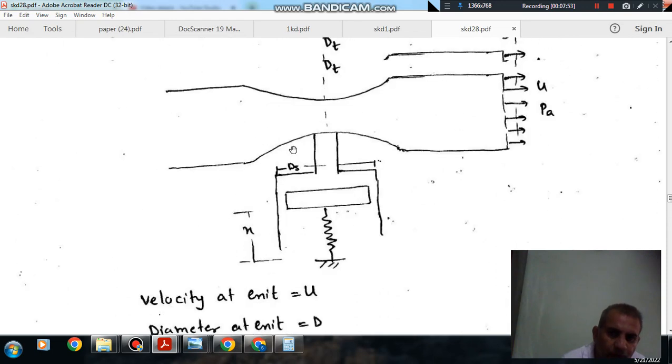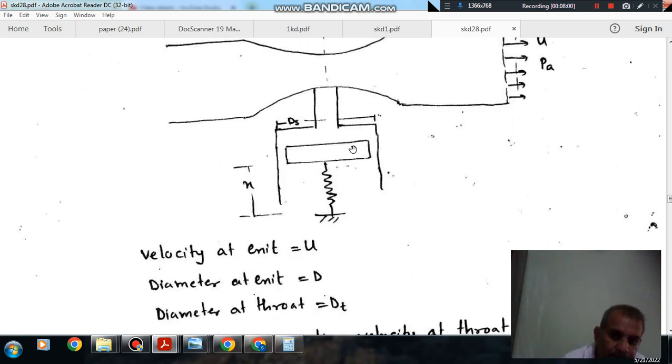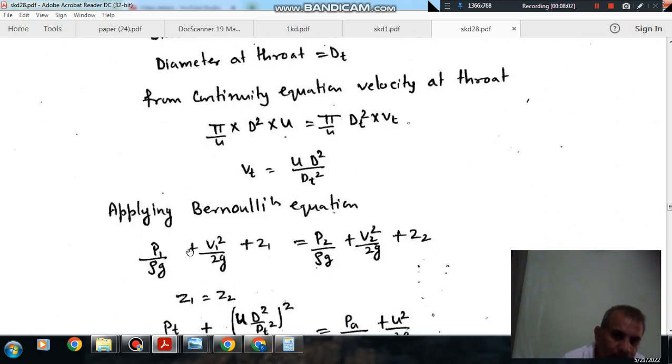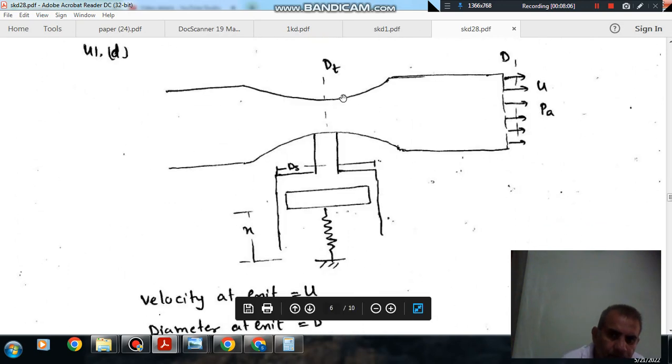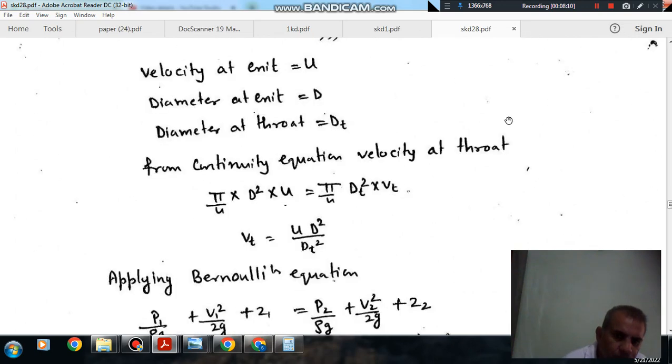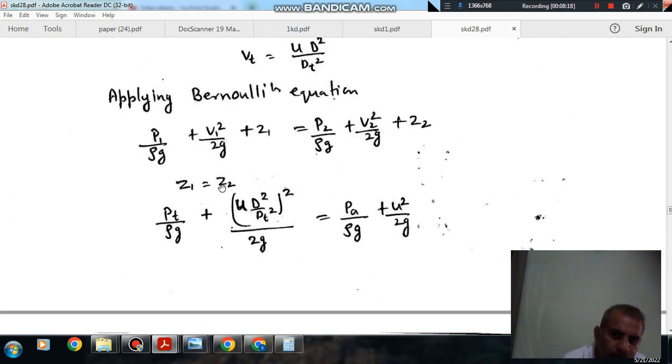Now we have velocity in terms of u, so we can apply Bernoulli's equation here and here to find out the pressure. Taking these as sections 1 and 2: P1 by rho g plus V1 square by 2g plus Z1 is equal to P2 by rho g plus V2 square by 2g plus Z2. Z1 is equal to Z2.